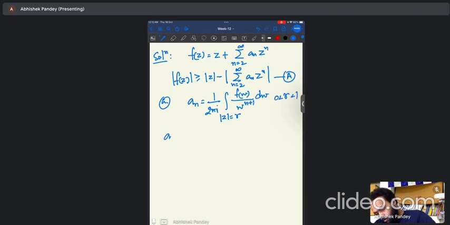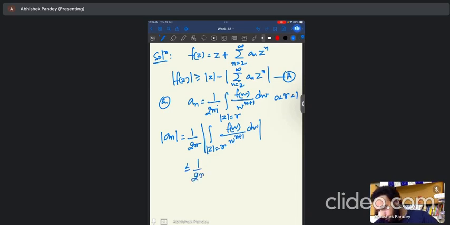So |a_n| is basically 1/(2π) times the integral over |z| = r of |f(w)|/|w|^(n+1) |dw|, which is less than or equal to 1/(2π) into 2 times the integral over |z| = r of |dw|/r^(n+1).